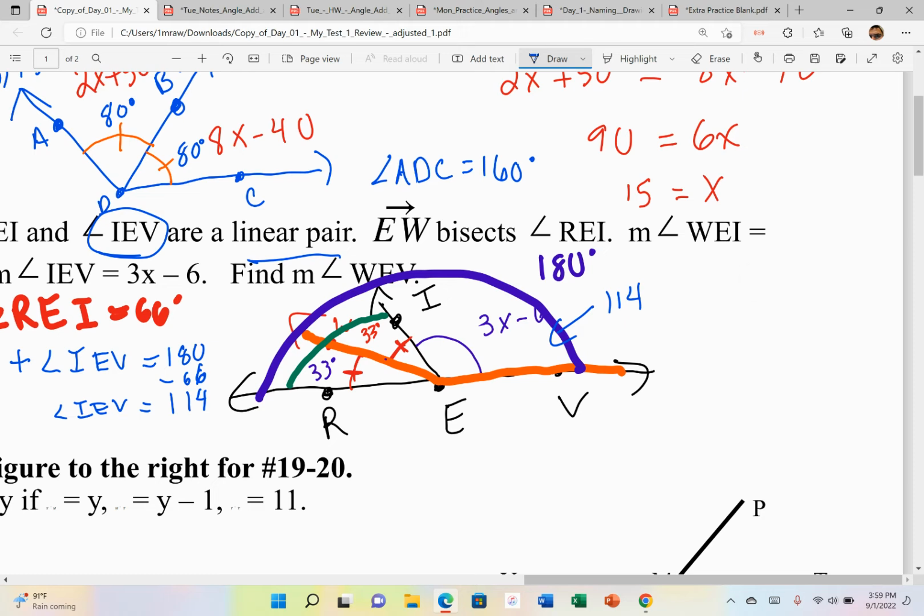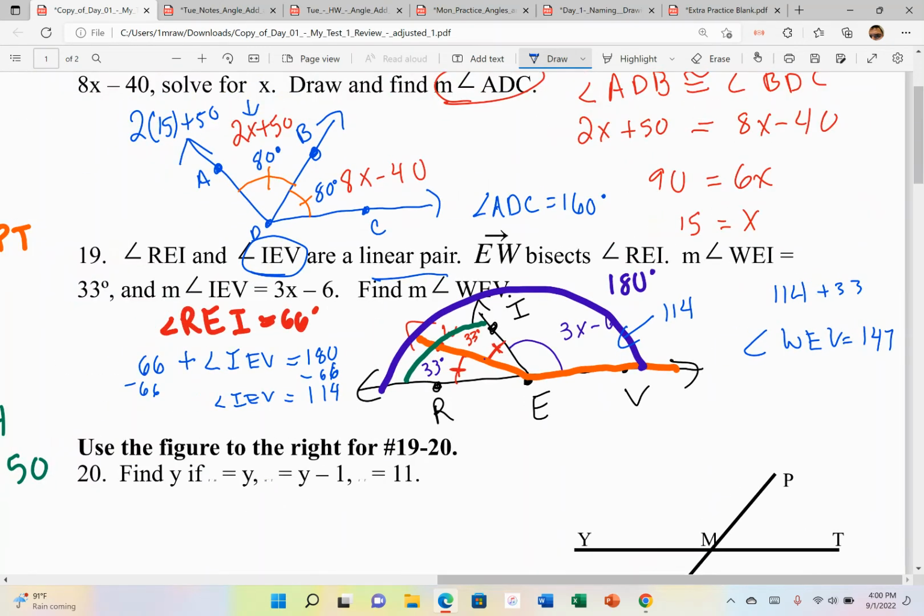I know this angle is 114, 114 plus 33 gives me 147. So angle WEV equals 147. I don't have to solve for x. Does it say solve for x? No, it doesn't. That's good.